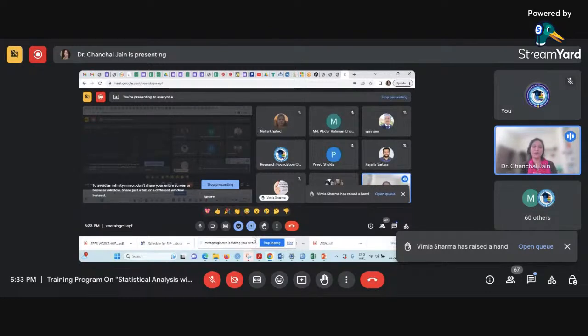So if you want to interact with me, please unmute yourself and then you can ask me. Otherwise, it is quite difficult for me to check the chats, and I also cannot see your emoji expressions. So this is my humble request. If you have a genuine query which you want to ask during the session, you can unmute yourself, right?